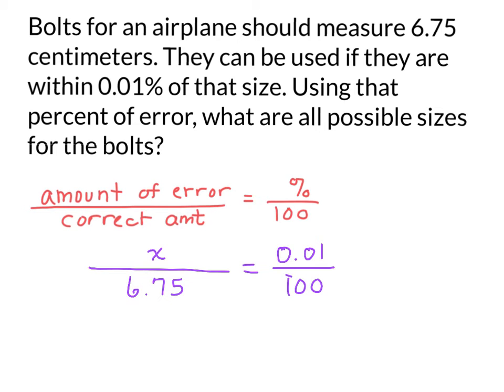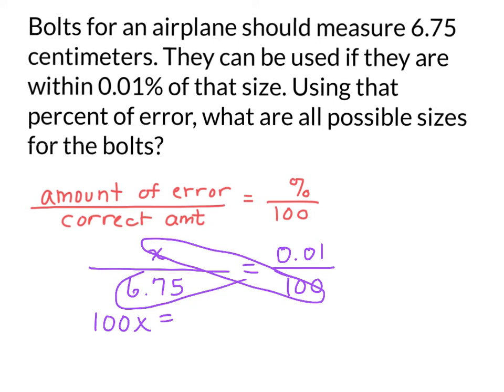Now when I cross multiply, I'm going to do 100 times x, which is 100x, and 6.75 times 0.01, which is, if I did my math right, 0.0675. And then I'm going to divide by 100.